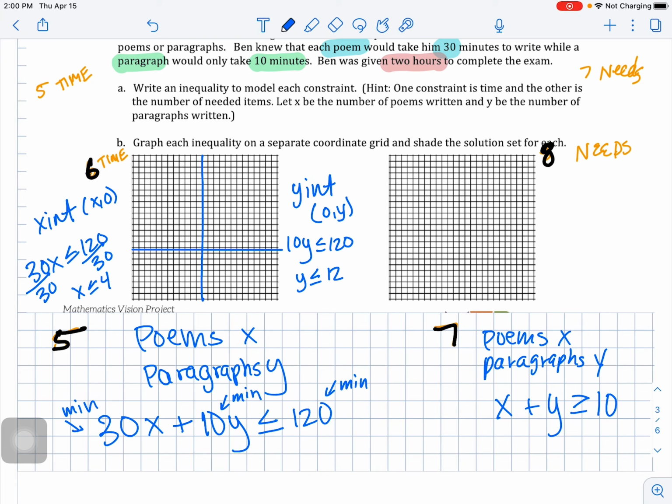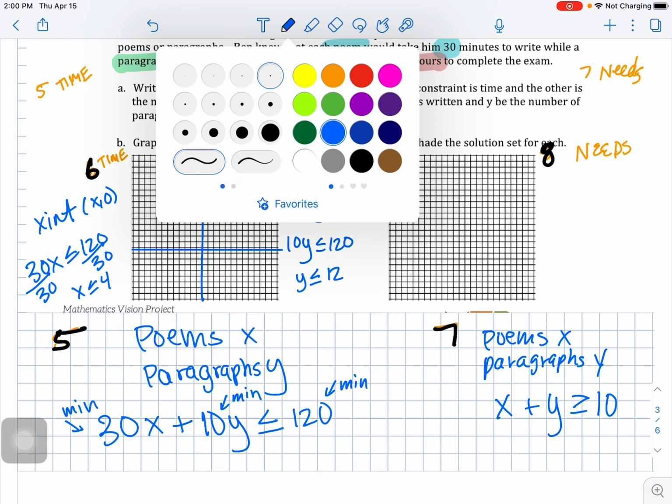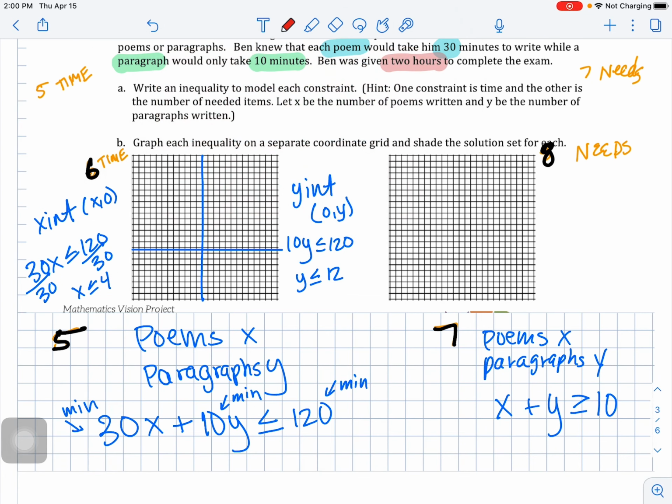All right, so that means on the y-axis, I need to go to 12. And on the x-axis, I need to go to 4. 1, 2, 3, 4, and it also says less than.